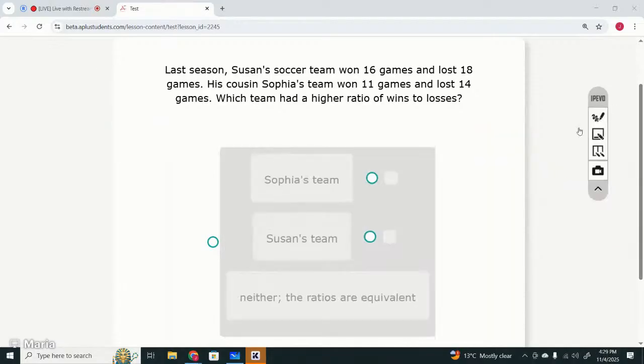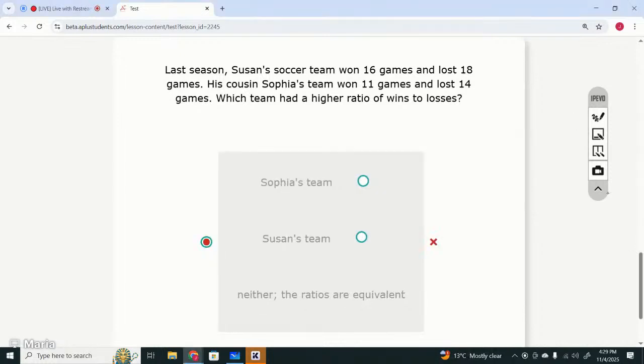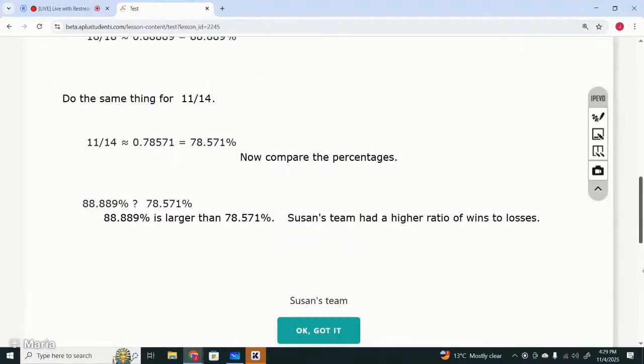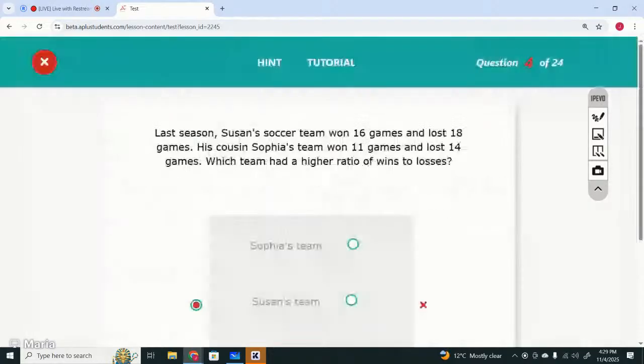Susan's team has the higher ratio. It is Susan's team, right?